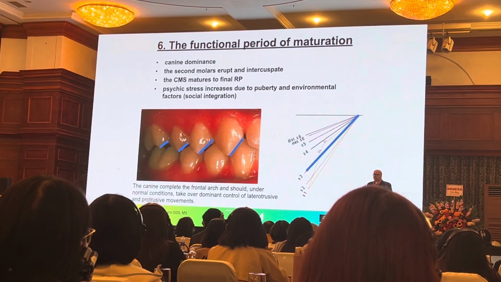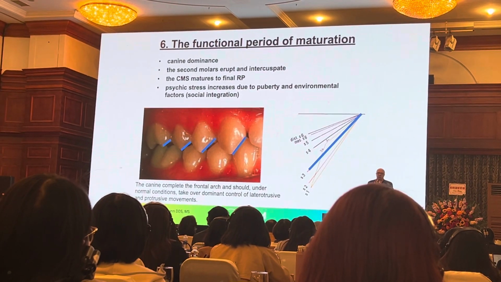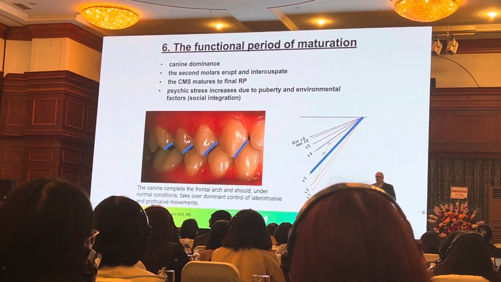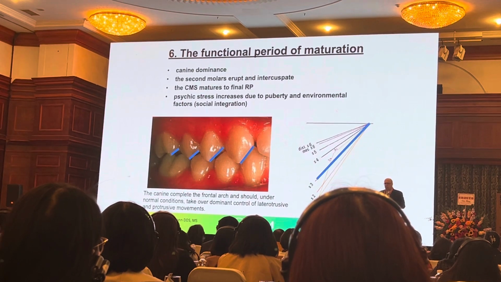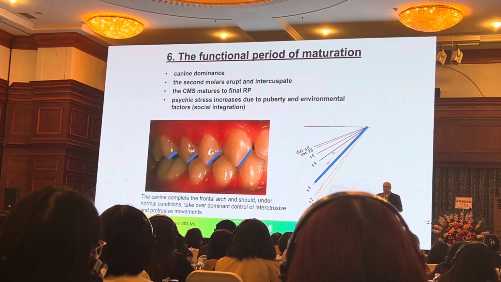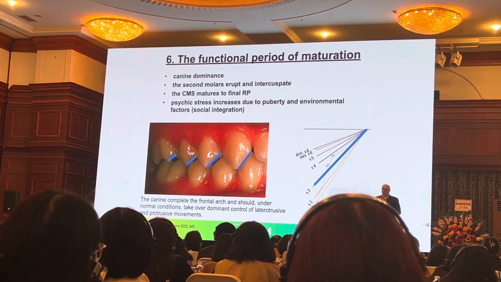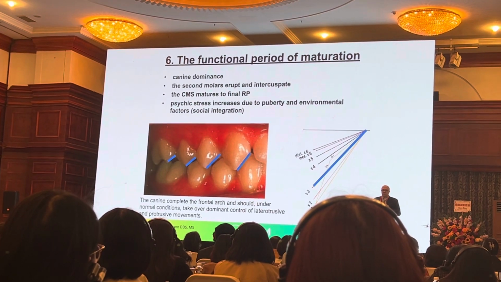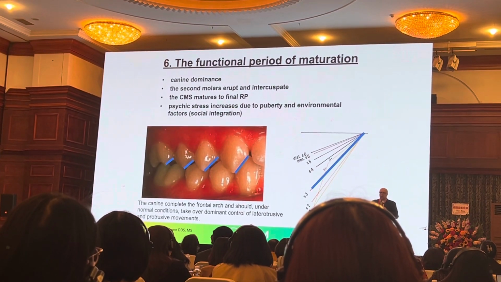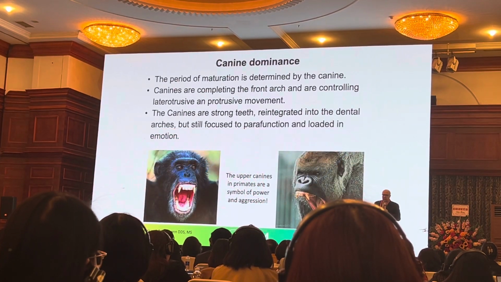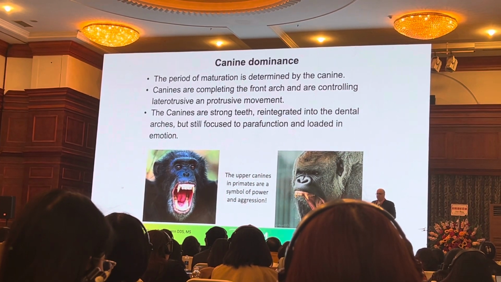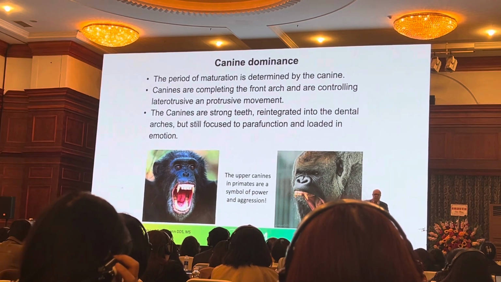If I have a very aggressive canine guidance, I will load the joint too much. This is sometimes good for prosthodontics, but not for ortho, okay, when we have full dentition. So protecting the joint comes from the canine, but not super aggressive. It must start on the molar and finish on the canine. So canine dominance is important. To what? To protect the joint, okay?